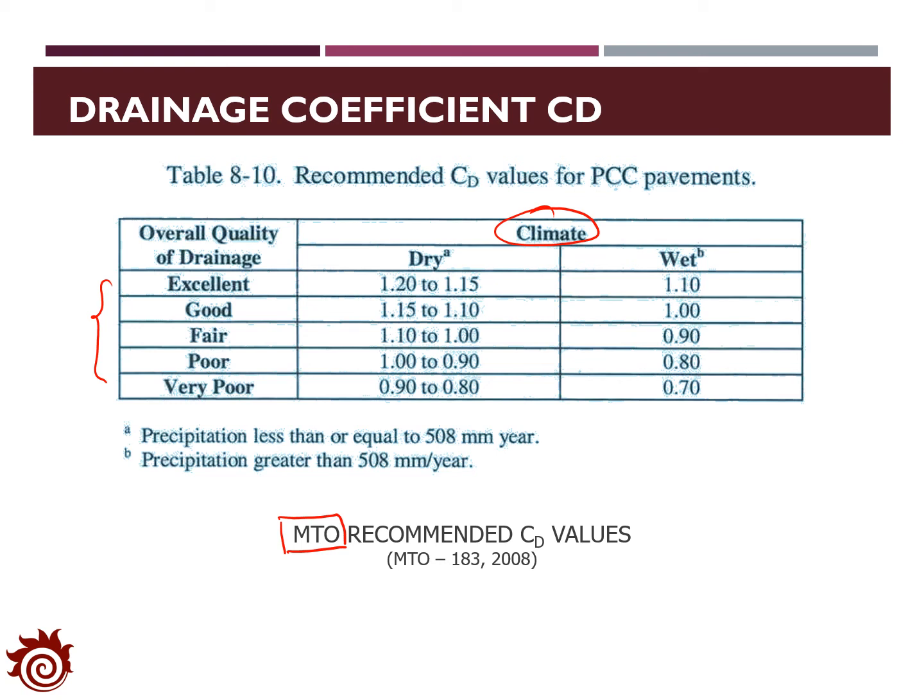The climate condition is categorized as dry and wet. The dry condition is defined as the precipitation less than or equal to 508 mm per year, and the wet condition is set as the precipitation higher than 508 mm per year.